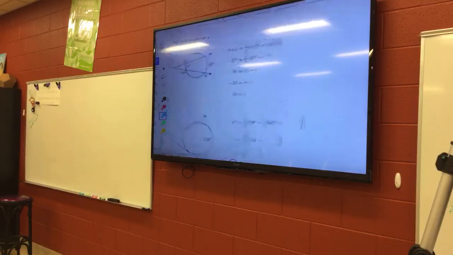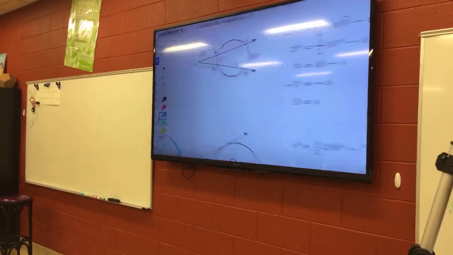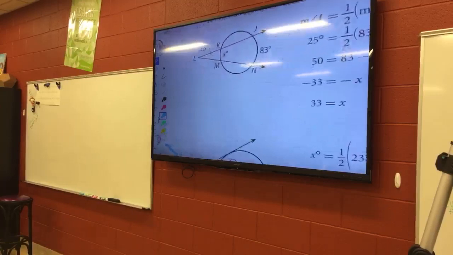So, if we look here at A, the angle equals 1/2 of the difference of the two arcs, okay?